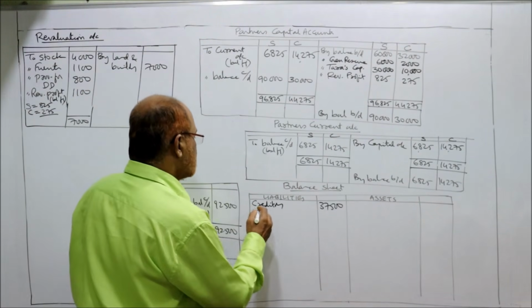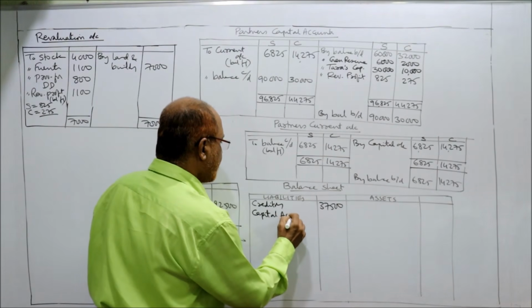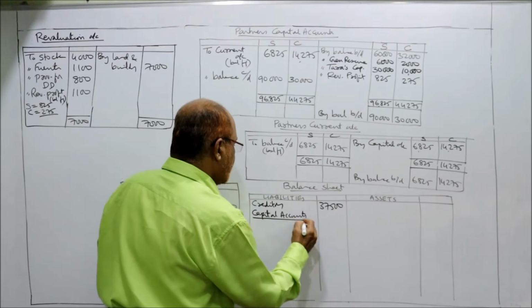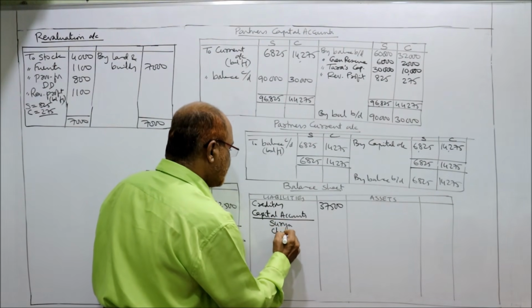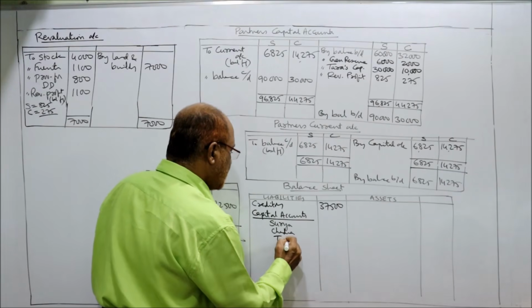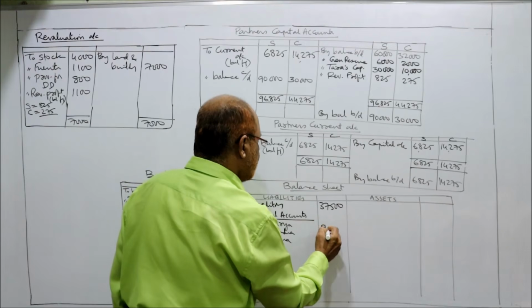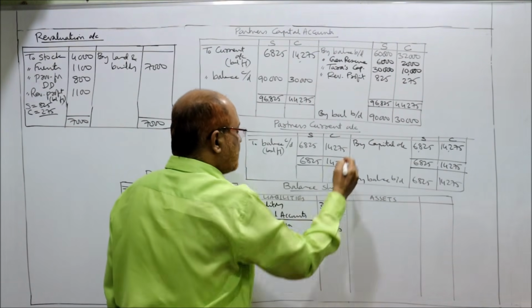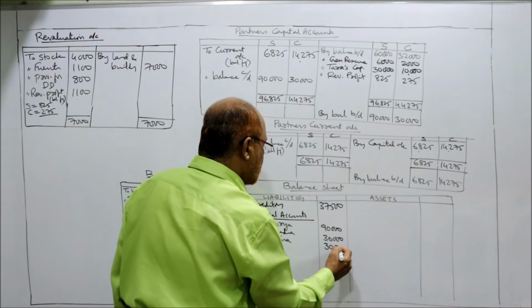Now capital accounts. The capital accounts of Surya, Chandra and Tara. Surya's capital account is 90,000. Chandra's capital account is 30,000. And Tara's capital account is also 30,000.